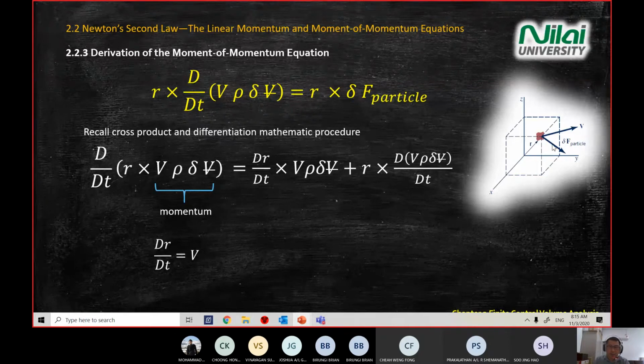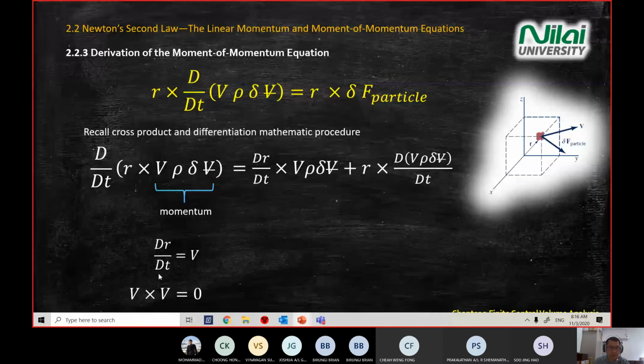We know that the change of distance, in this case r, radius, dr over dt gives velocity. The rate of change of distance is velocity. And when you get a cross product v times v, v cross v, we get 0.